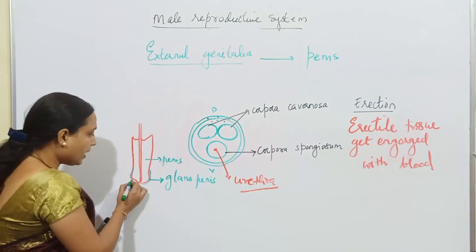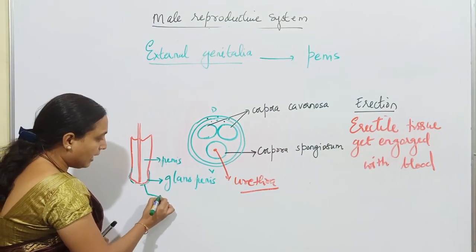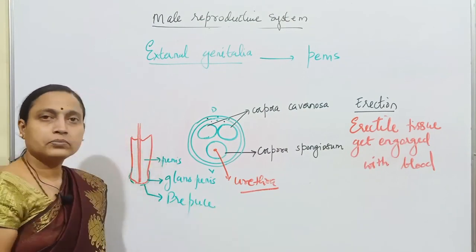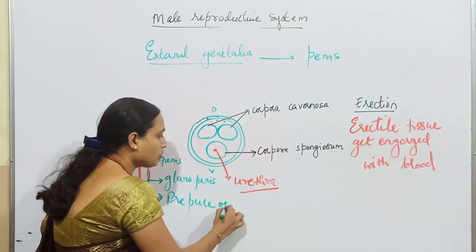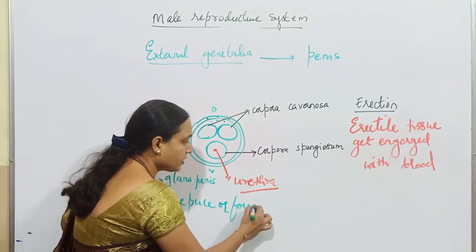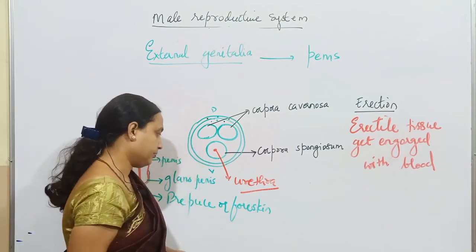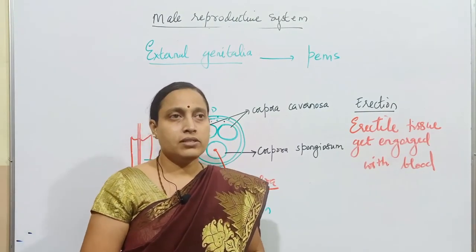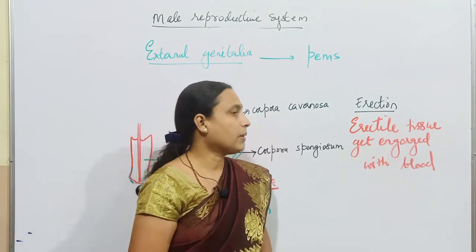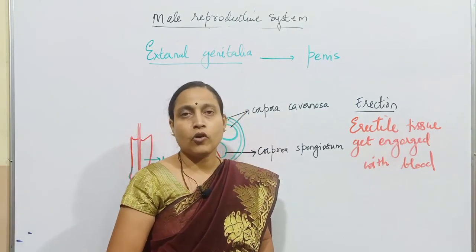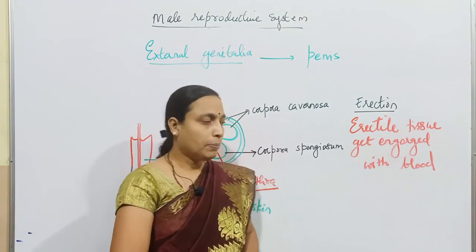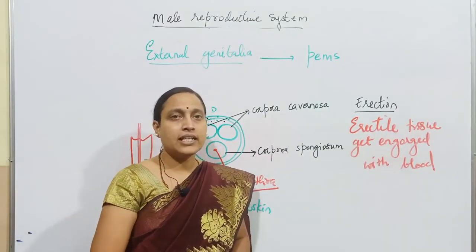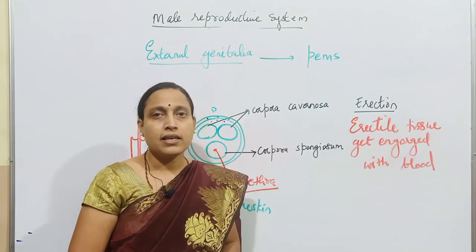Now this is covered by a thin skin called the prepuce, also called the foreskin. In many religions, and nowadays as a common practice, the prepuce or foreskin is surgically removed, and that is called circumcision.